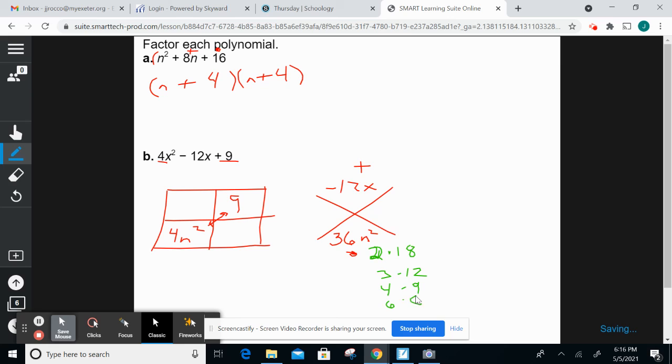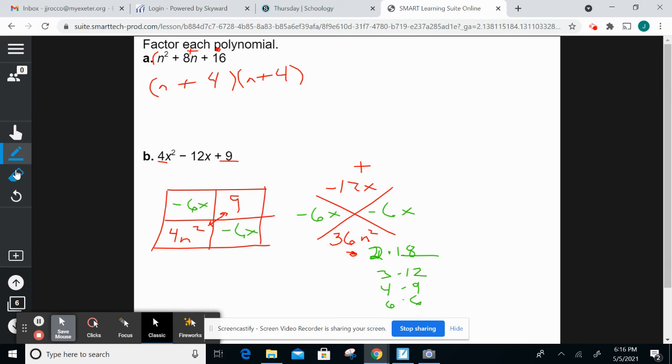Hey, there we go. Starting to wonder there for a second. So both of them have to be negative. That will result in a positive, but when we add them, we get negative 12. So there you go. Negative 6x and negative 6x. All right.